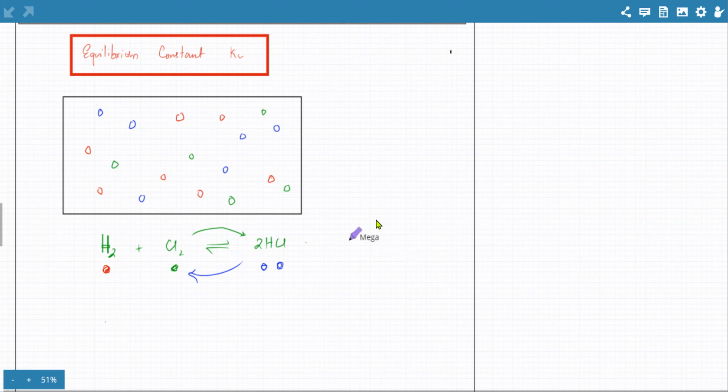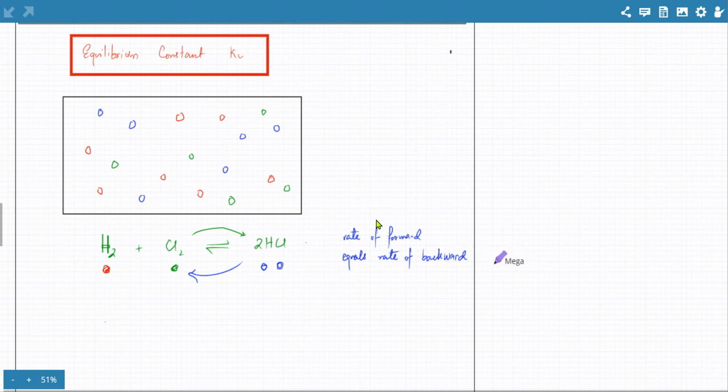So rate of forward reaction equals rate of the backward reaction. So the reaction is going to be at equilibrium.